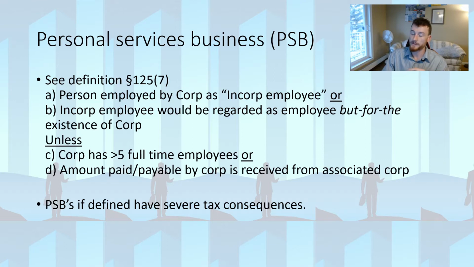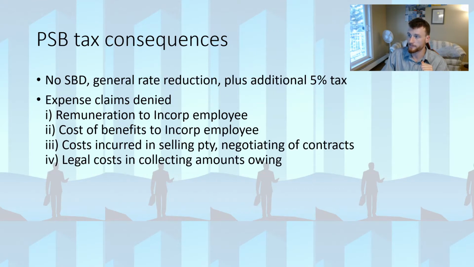Now, this may be defined in that definition unless the employee corporation, the lower corporation, employs more than 5 employees per year, or the amount that is paid or payable in the corporation for the year is received or receivable by the corporation by which it was associated. Note that if we do go under the concept of the personal services business definition, there are severe tax consequences.